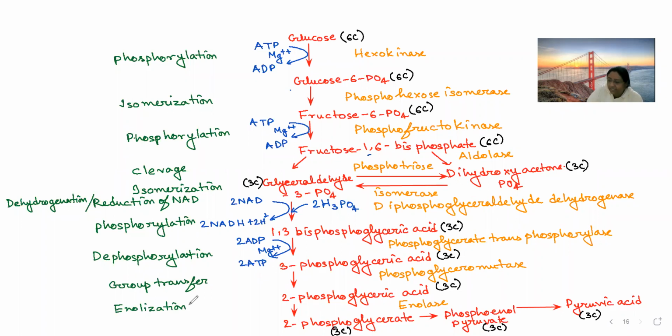After this, we have to understand that during this enolization reaction, one molecule of H2O is coming out. Then finally, the 2-phosphoglycerate is converted into phosphoenolpyruvate.